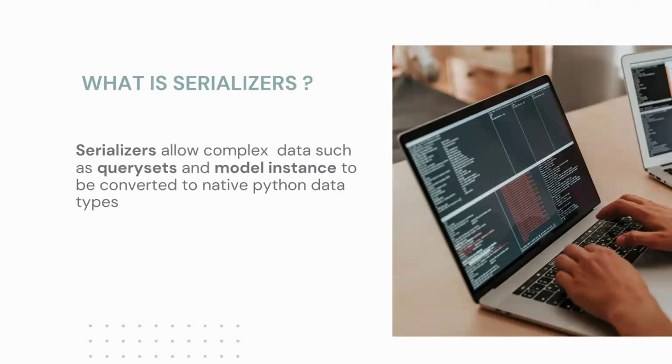So, for those who aren't familiar with Django, I will explain simply what Django is and how it works. Django is a high-level Python web framework that enables developers to build web applications.